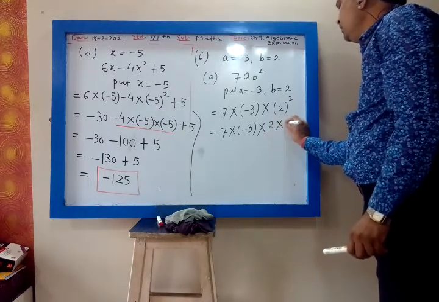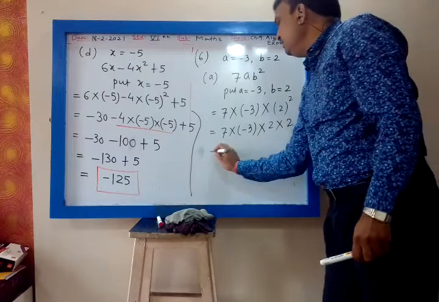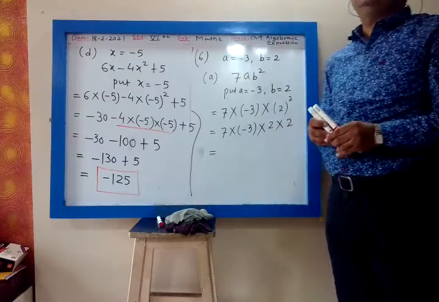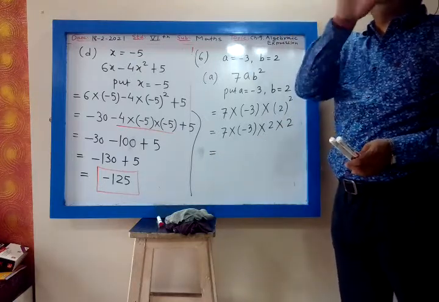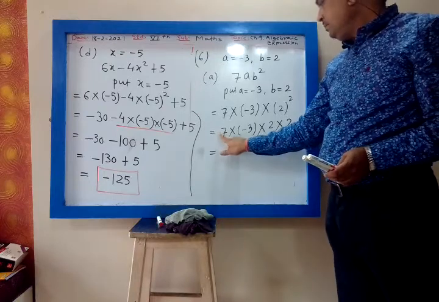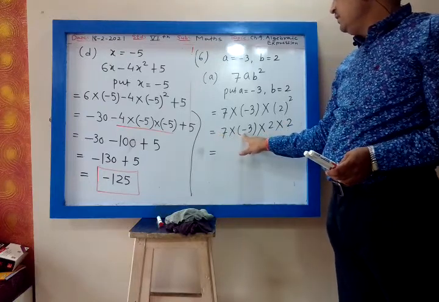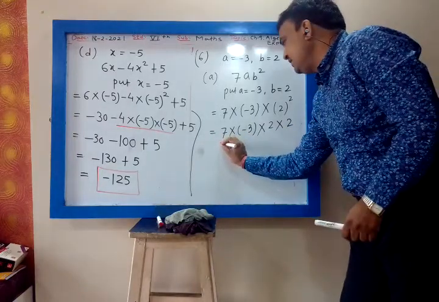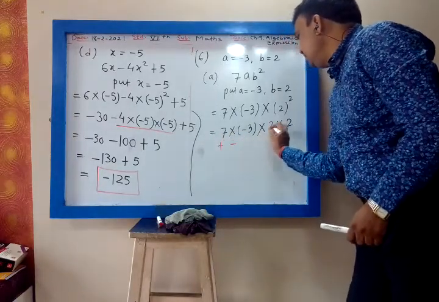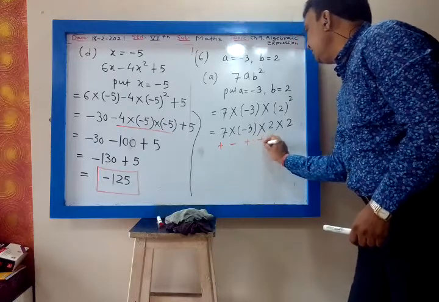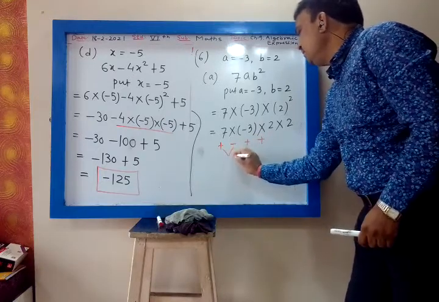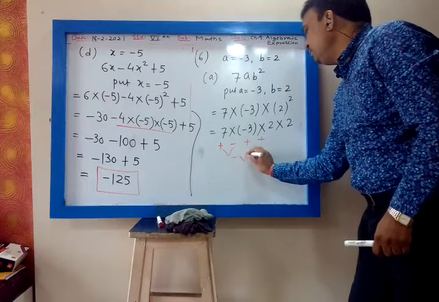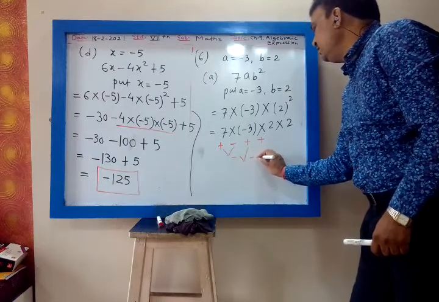2 into 2. Now, whenever there is multiplication, first you have to multiply all the signs. Plus into minus is minus, minus into plus is minus.